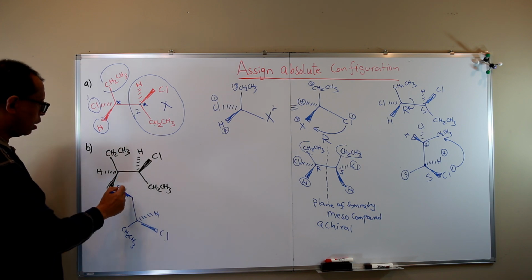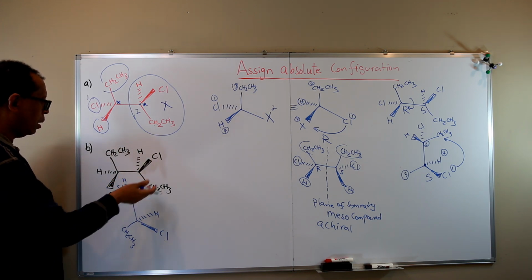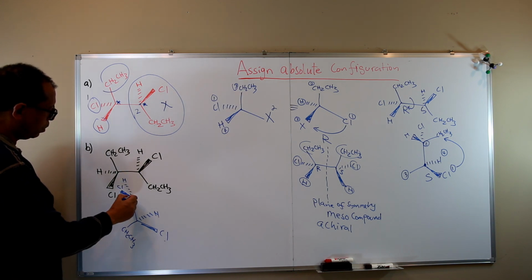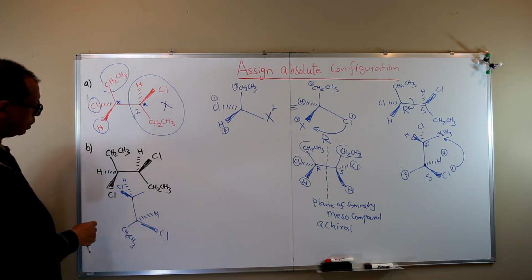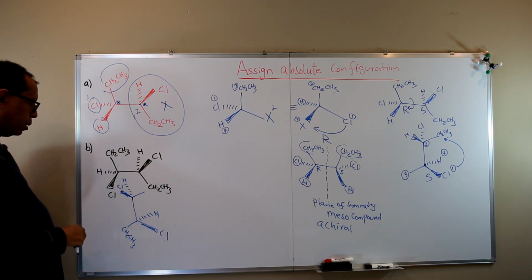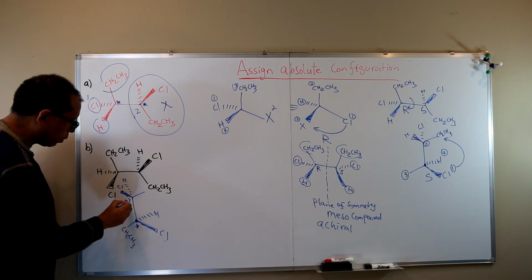So you are turning it like this, hydrogen, and ethyl group. This is basically what I did, just turn it like this so that I can determine the stereogenic center here and here as well.